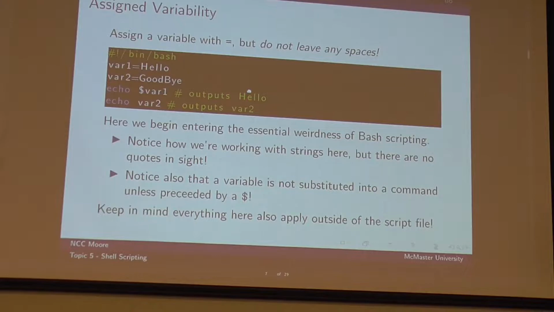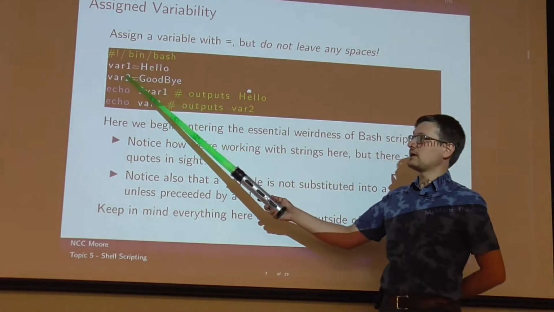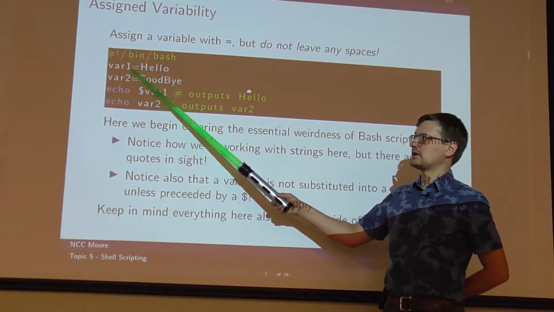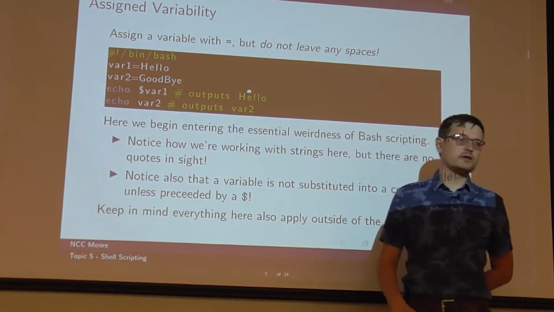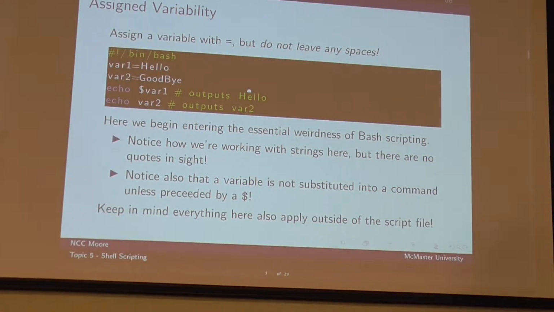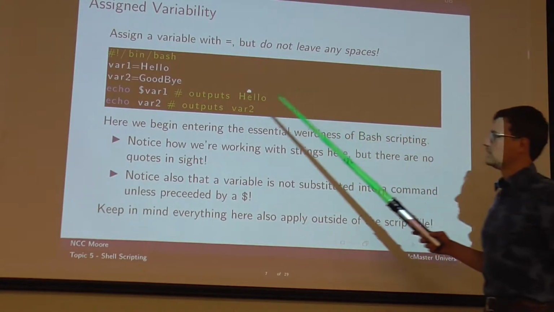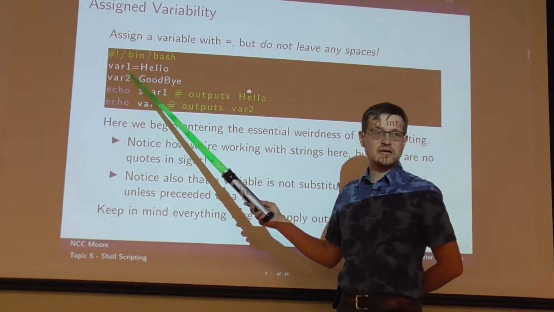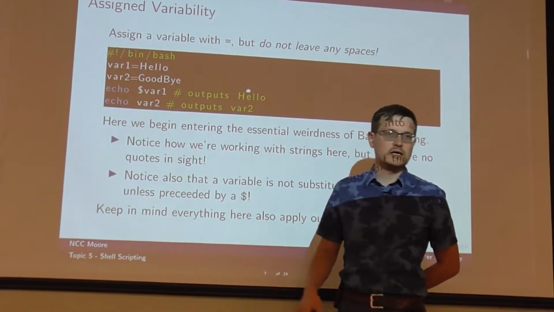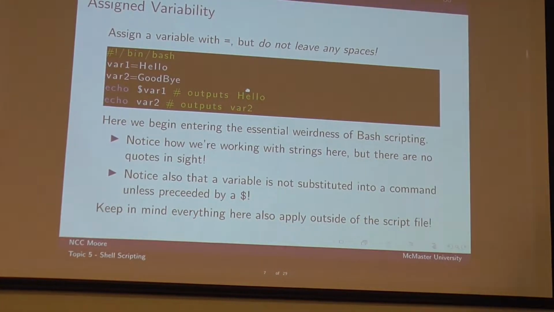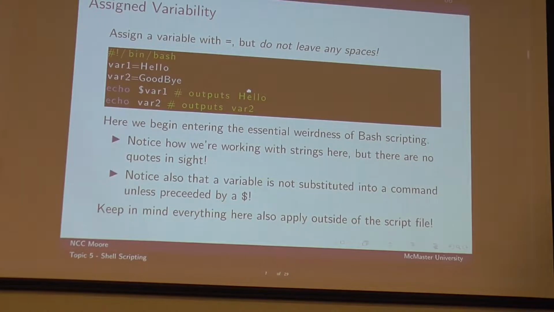So, the way that you declare a variable in bash, you simply type the name of the variable, you put an equal sign, and whatever the value you wish to assign to that variable is. Two things to note. Number one, note the absence of space characters. Inside of a bash environment, the space character carries semantic weight.